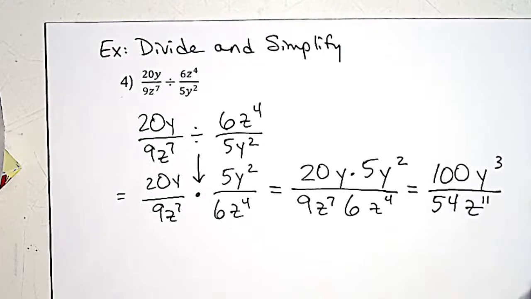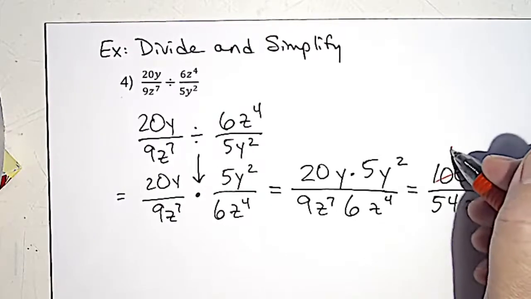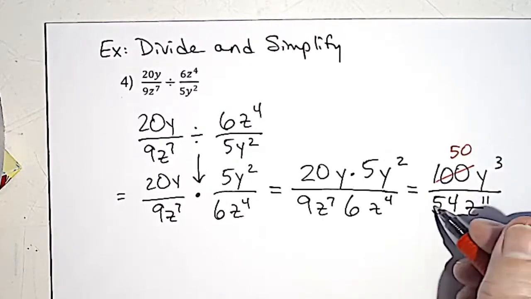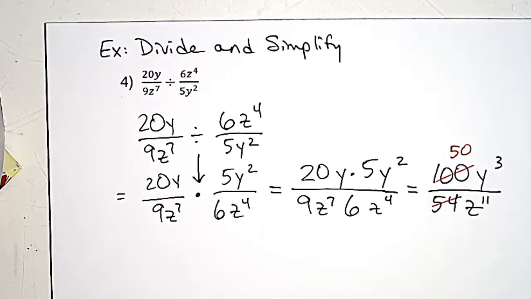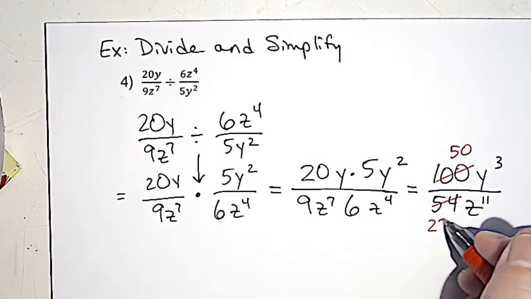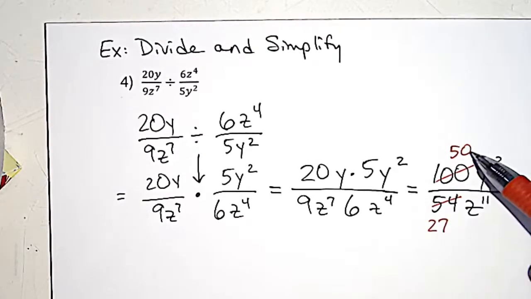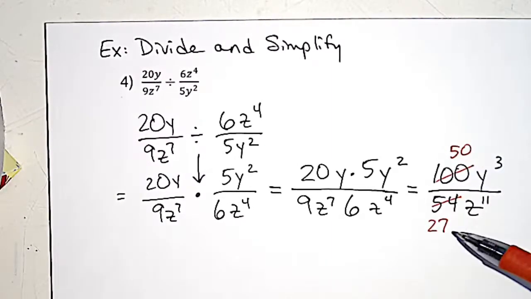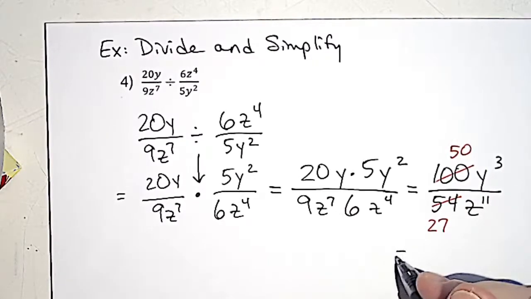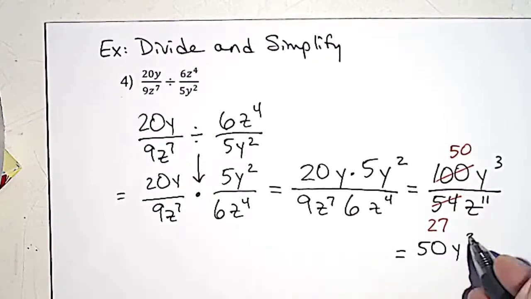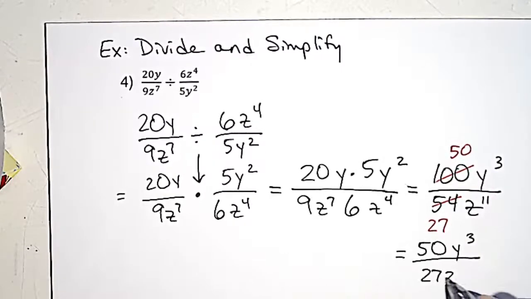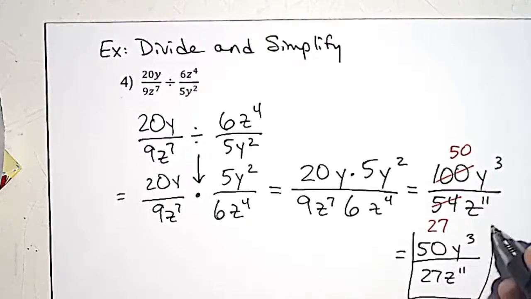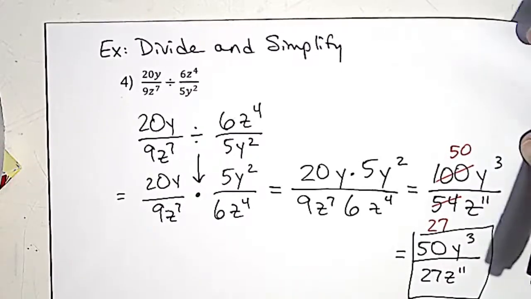I can divide both of those by 2. 2 into 100 goes 50. 2 into 54, you got it, is 27. Then I think, okay, 50 is 2 times 25, so it's some 2s, some 5s. 27 is all 3s. That's all that will reduce. So I get 50 y cubed over 27 z to the 11th. Woohoo!